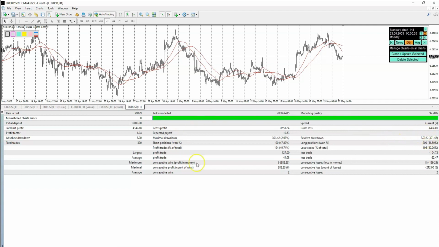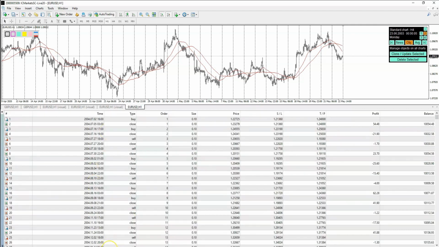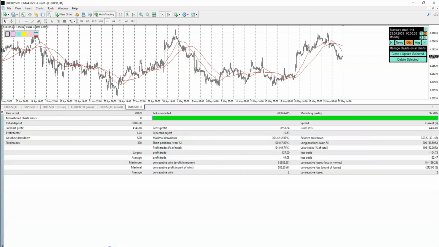So all of this data, this information here, which we can see, you can also print off a detailed report on it, which gives you every single trade from here as well. So you can see what it looks like.